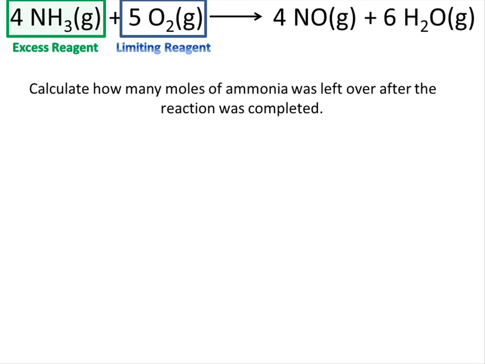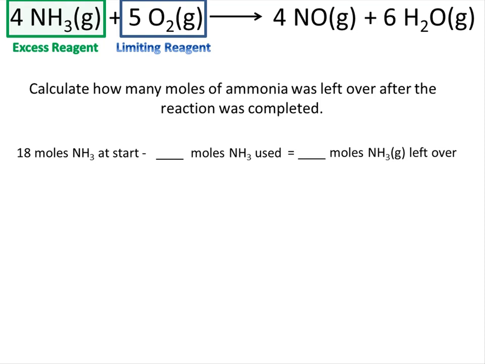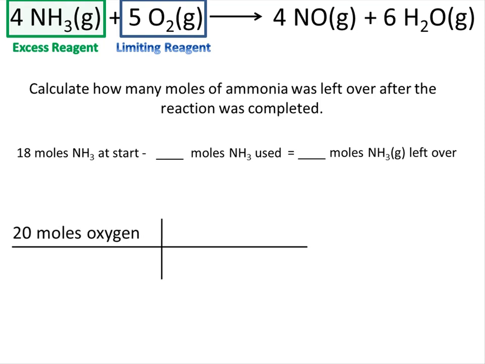Now we can calculate how many moles of ammonia were left over after the reaction was completed. If we started with 18 moles of ammonia, we can subtract the number of moles that reacted with the 20 moles of oxygen to find the number of moles left over. Begin with the measured quantity of 20 moles of oxygen.